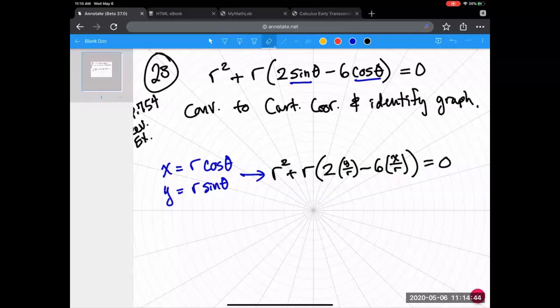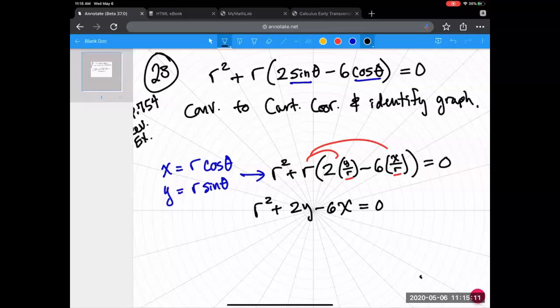So I can now simplify a little bit because I can sort of distribute the r here and here. Then I get r squared, and then these r's both are going to cancel when I multiply by r, leaving the rest. So I'm going to get 2y minus 6x equals 0.